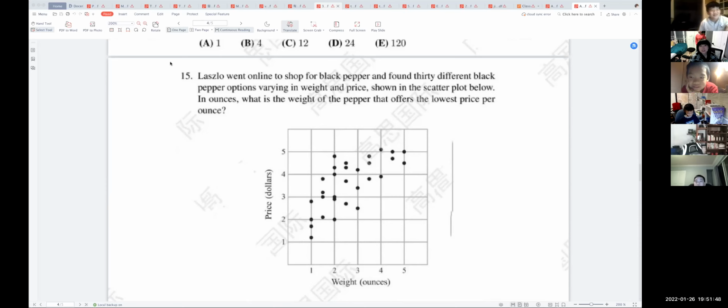So Laszlo went online to shop for black pepper and found 30 different black pepper options varying in weight and price. Oh my god. Shown in the scatter plot below, in ounces, what is the weight of the pepper that offers the lowest price per ounce? So what is the question about? 小朋友们肯定会觉得，哎，那我就找这个嘛，对吧？这个肯定是最便宜的。So we calculate dollars per ounce.